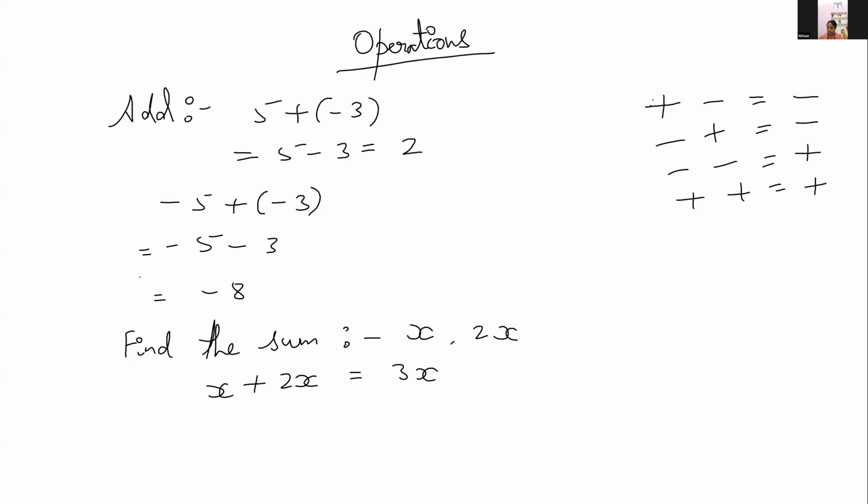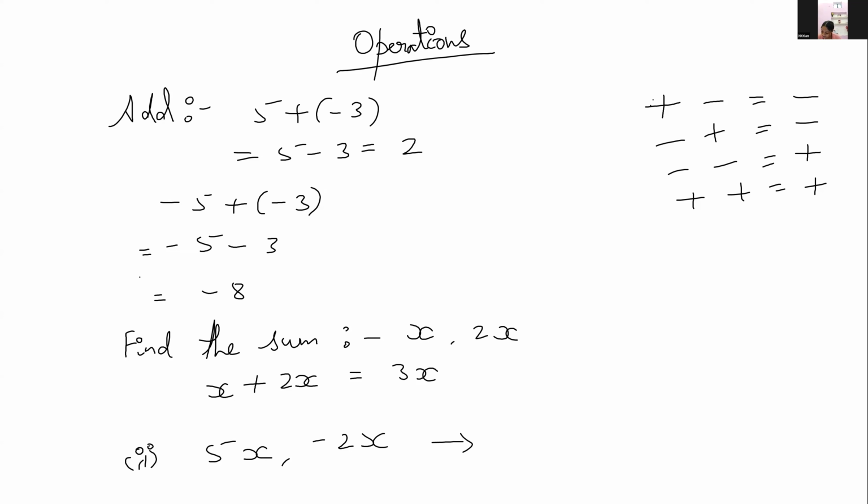Now, one more example, let's take. Suppose I'm having 5x. I have to add the sum of 5x and minus 2x. So what I can do?